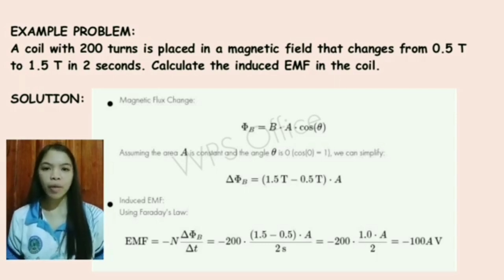By plugging in the values and assuming the area of the coil remains constant, the induced EMF can be derived. This principle underlies the operation of electric generators and transformers, illustrating how a coil generates electrical energy when subjected to a changing magnetic field.